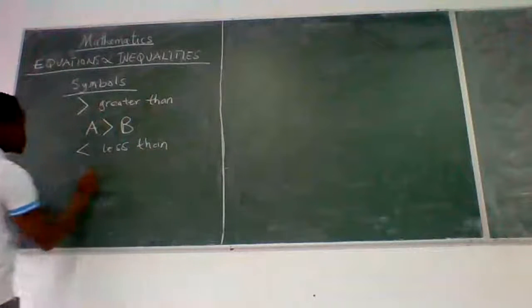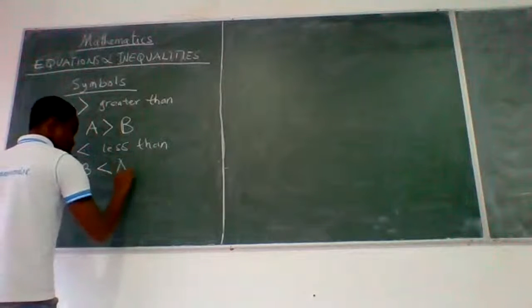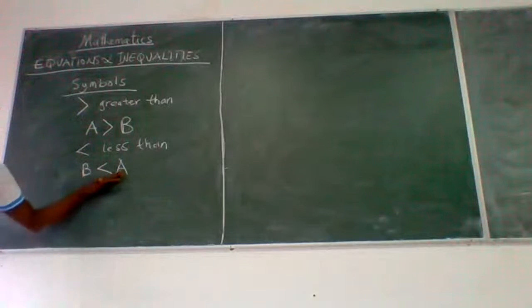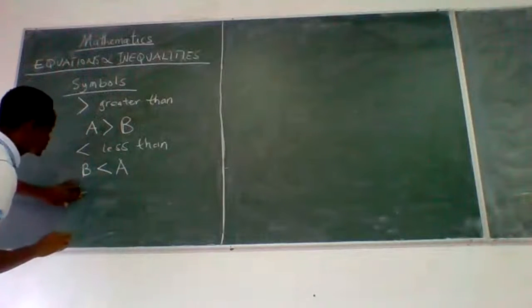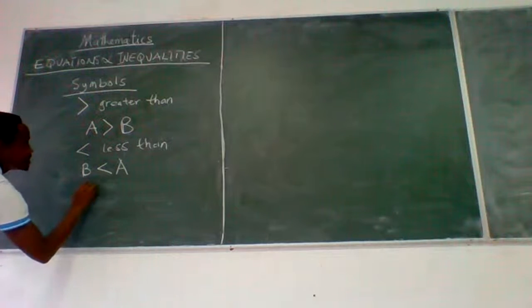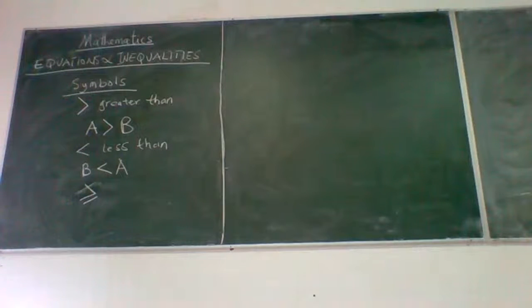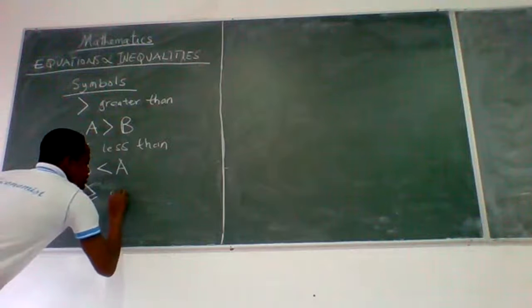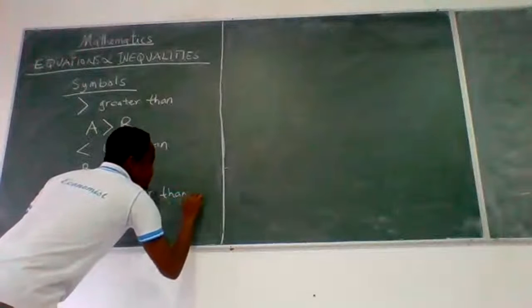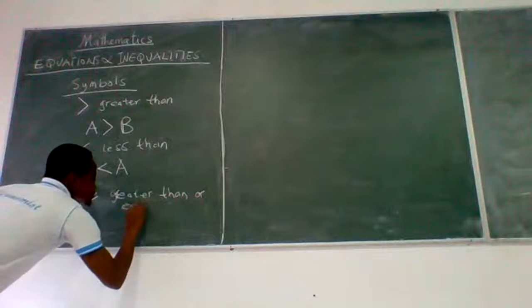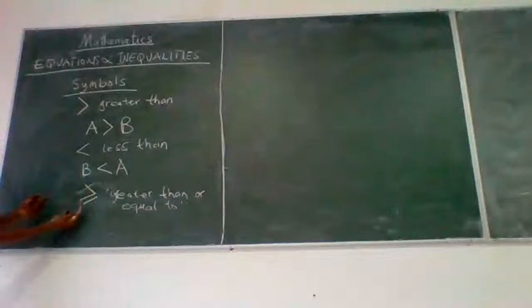When you say B is less than A, we are comparing A and B. When they are equal, you have the equal to sign. We also have greater than or equal to.